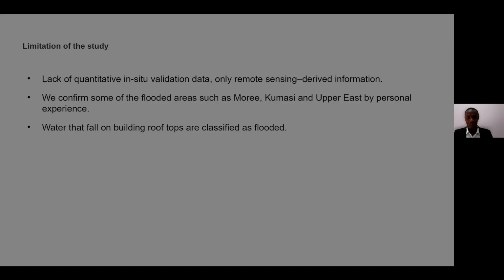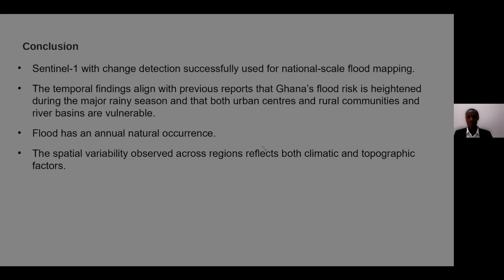And so if we were to exclude the rooftops, we might end up also removing the flood areas as well, so we had to leave them. However, if there is any high resolution dataset from, for instance, UAV, it could be used in order to improve the accuracy of the work.